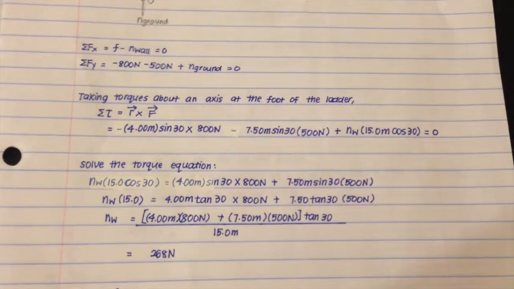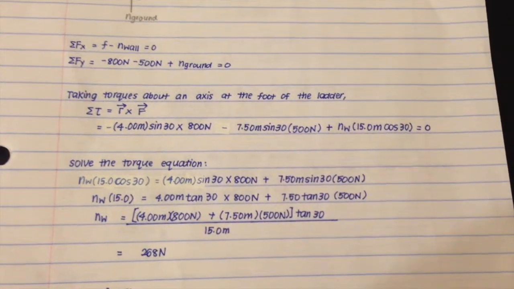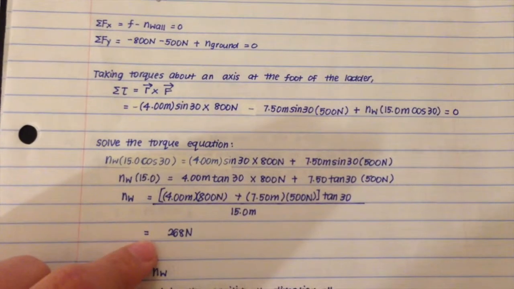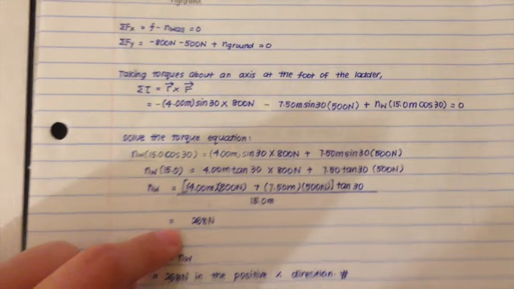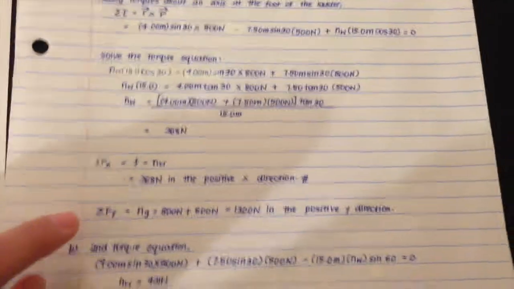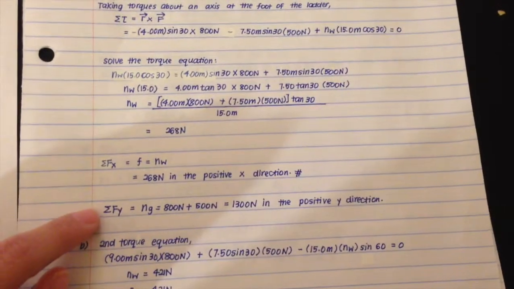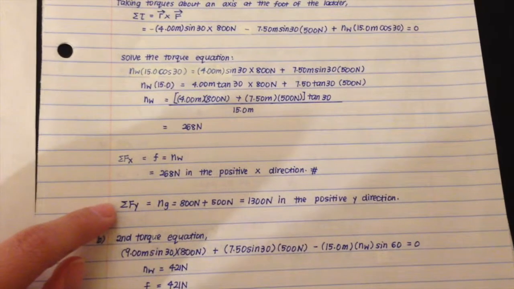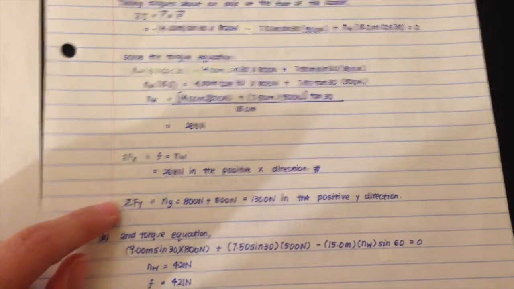So I solved the torque equation to find the force exerted from the wall, and eventually I get it to be 268 newtons. Next, to find the horizontal and vertical forces exerted by the ground on the base, I'll use the first equation that I've written here.